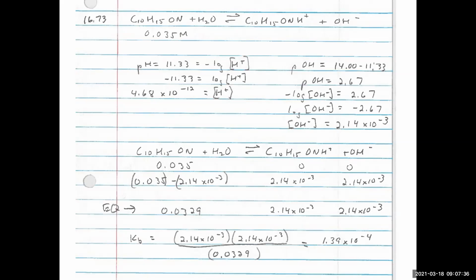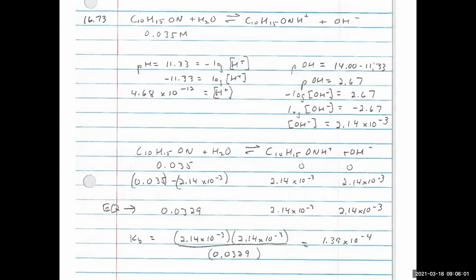Based on the stoichiometry of my reaction equation, I know the cation for ephedrine is 2.14 times 10 to the minus 3. And I know that over here, the ephedrine, 2.14 times 10 to the minus 3 is how much reacted. So I can subtract that number from it. And that's where I get my equilibrium values.